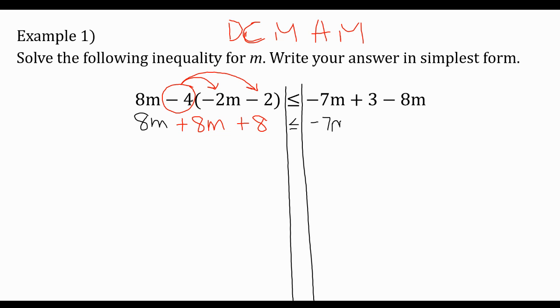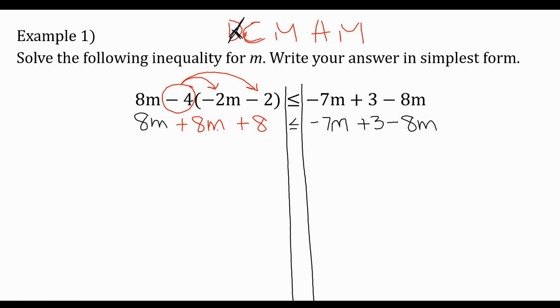Just write that in here. Okay. Plus 3 minus 8. Okay, so that was our first step. I'm going to just cross that out. And now the next step is to combine like terms.